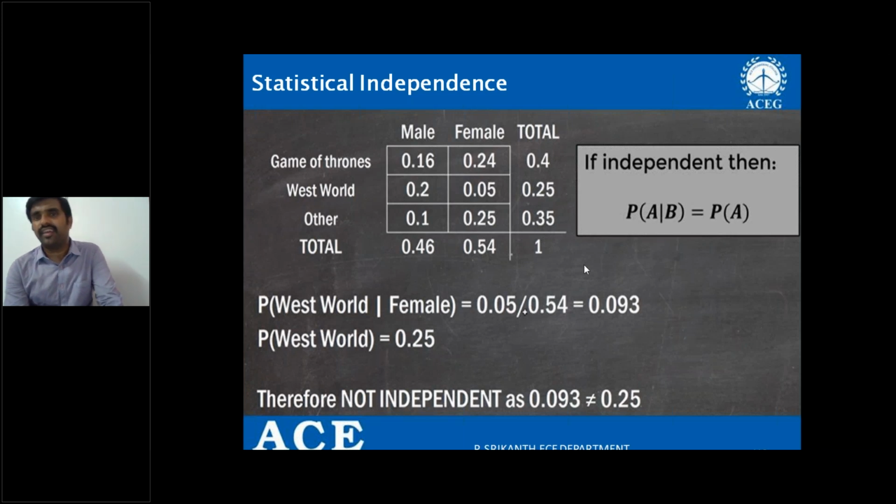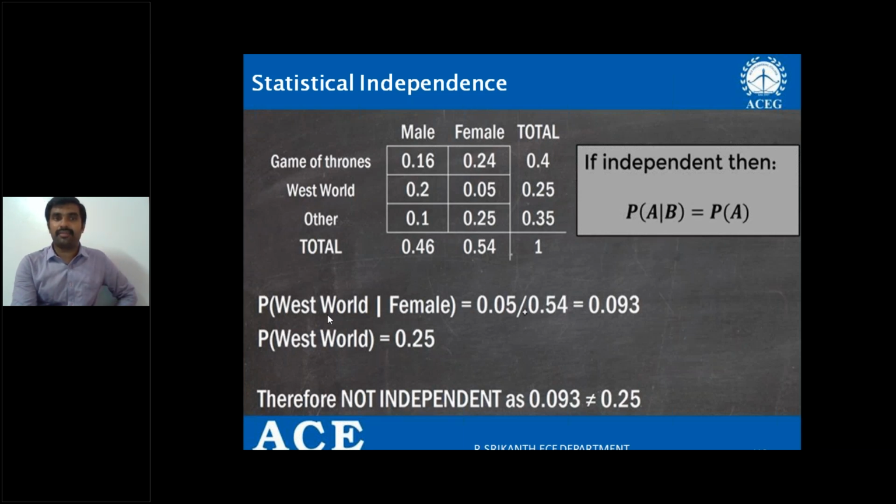So when can you say the two events are independent? For example here, if I take P of A given B, A is what? Let us take Westworld movie subscription, and the second event is subscription by the female candidates. P of A given B is the conditional probability, that is subscription of Westworld when the female is subscribing.